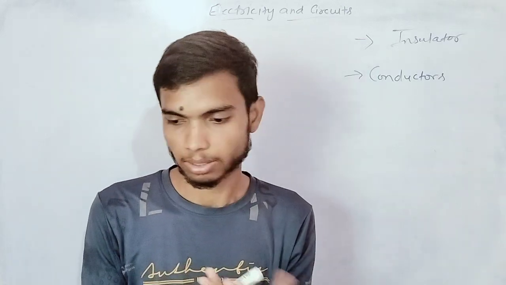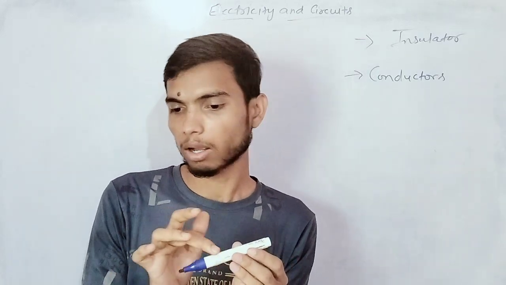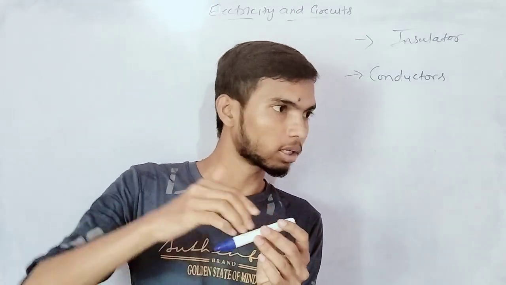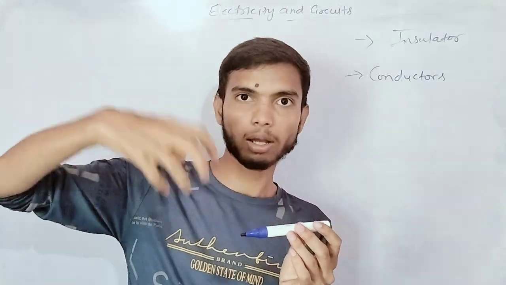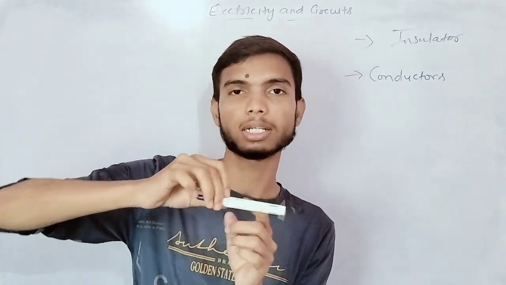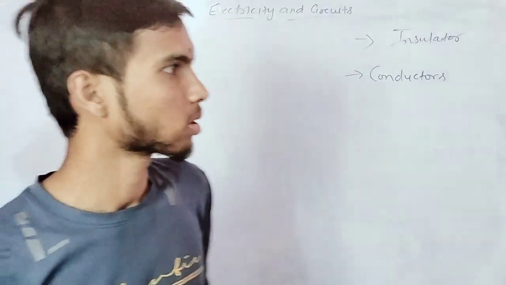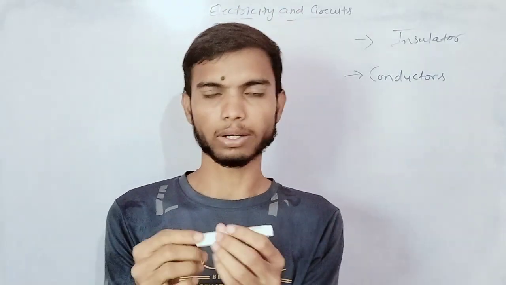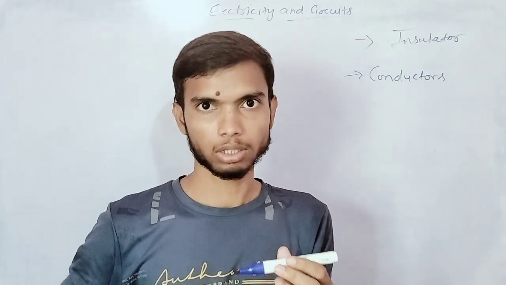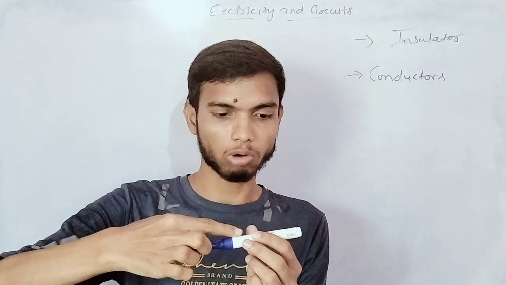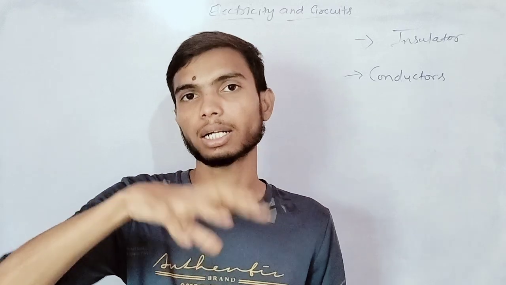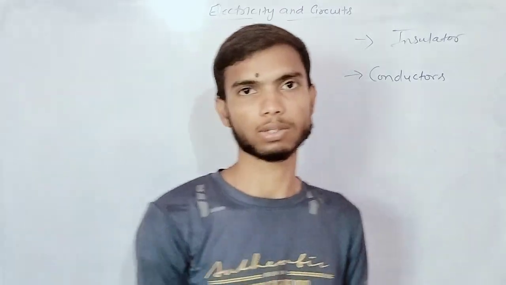Let's just say this is iron. Iron will conduct the coming electricity. Let's just say it is iron. So the upcoming electricity it will conduct, and electricity will go throughout this iron. Okay, that's how electricity works with the conductors.